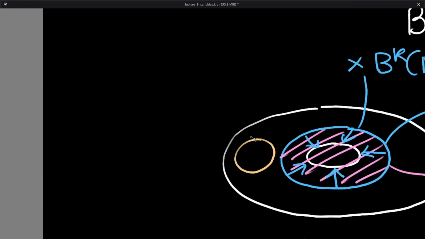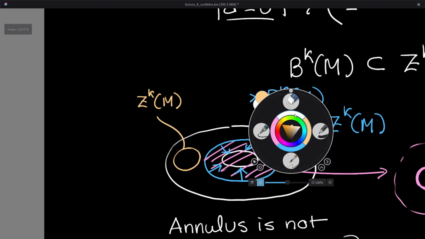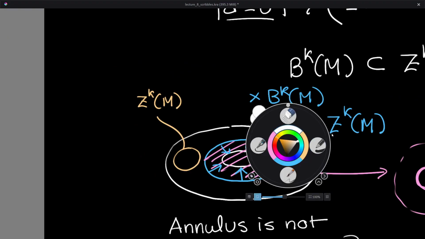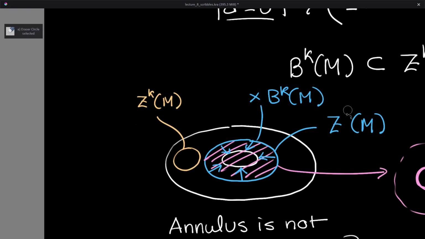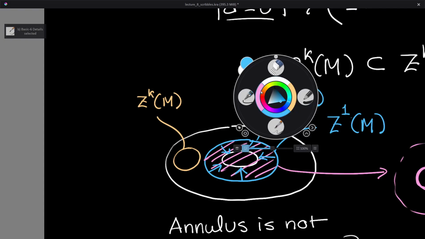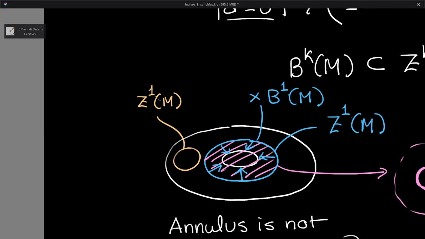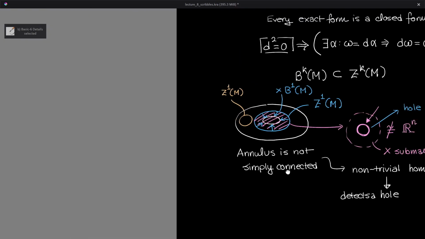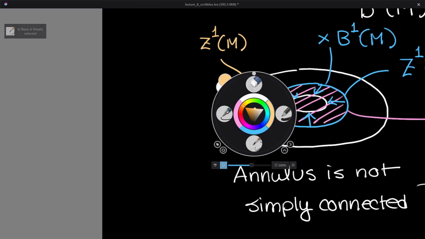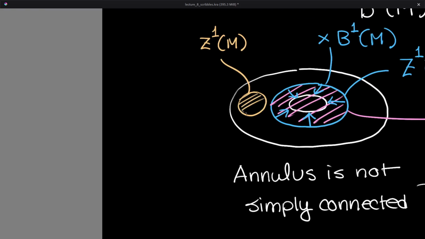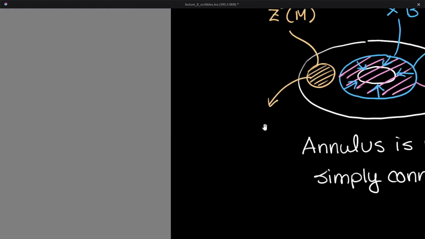This is closed. So this is in ZKM, right? And in fact, I don't need to use K here. We know the dimension. So this would be Z1, this would be B1. Okay, so notice that what's inside here is an open set.